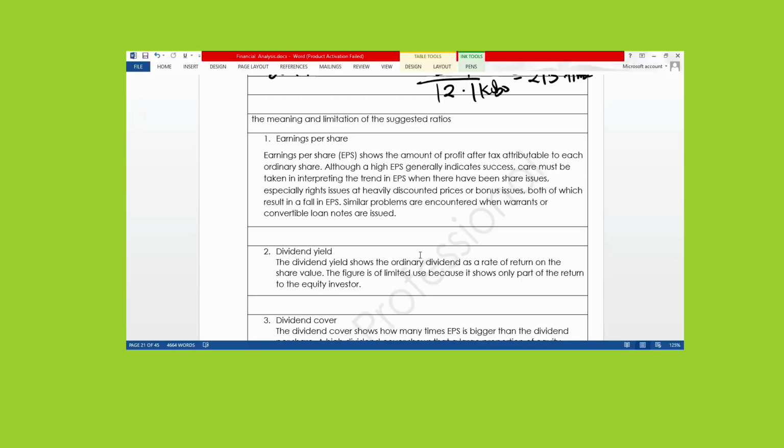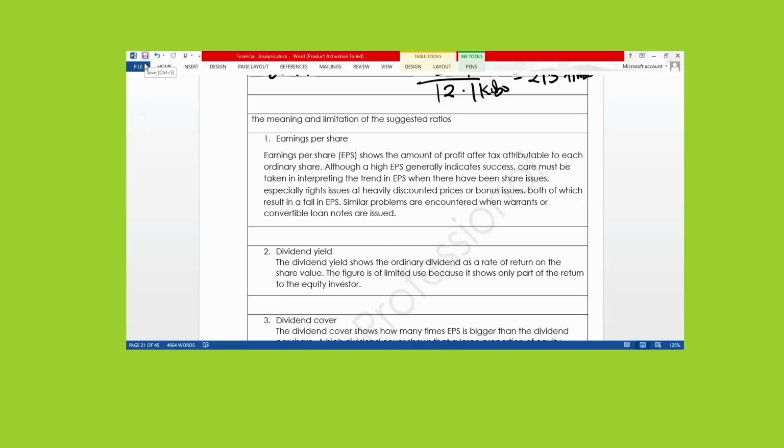What is the other return? There are two returns to an equity investor. One is dividends received. The other is capital gain on shares purchased. If you purchase a company's shares, when the company pays dividends, you receive dividends. That is one return.